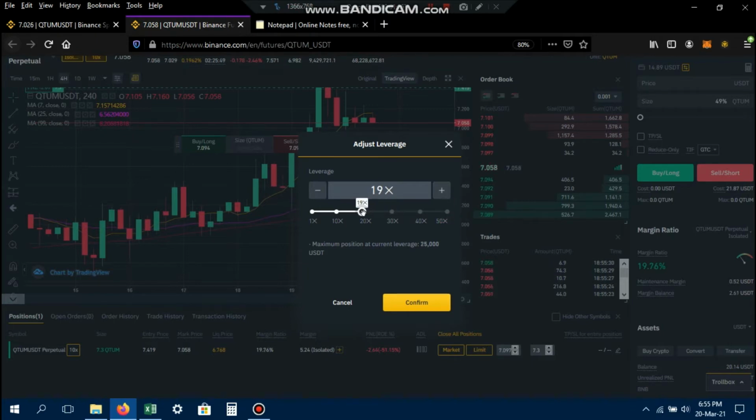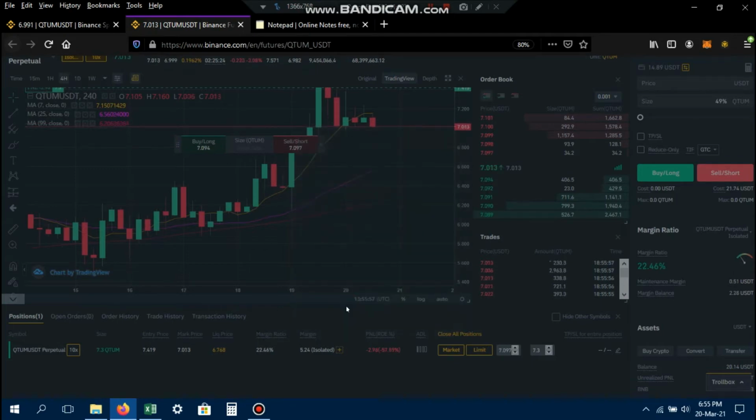You can see yourself that if I just cross 20x, it gives me this warning. It tells me that your leverage is high. Please manage your risk accordingly. It's warning you that you are taking a very big leverage and you can have the loss. So please take care of your leverage.